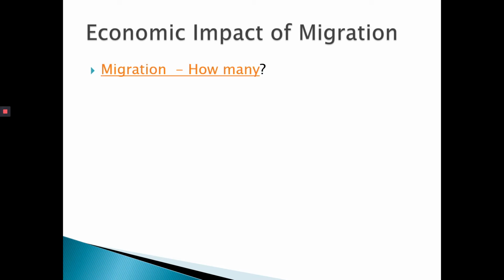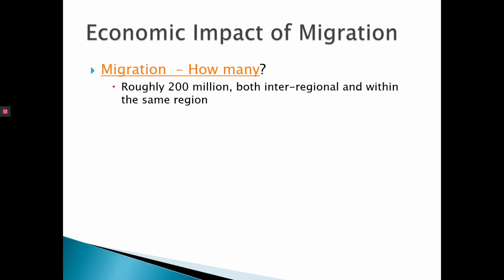So how many people really are we talking about? By some estimates, we imagine that every year there's around 200 million individuals that are migrating, and they're not necessarily migrating from one part of the world to another part of the world. Many of them are actually migrating within the same region. And I'd ask you to consider why that might be.